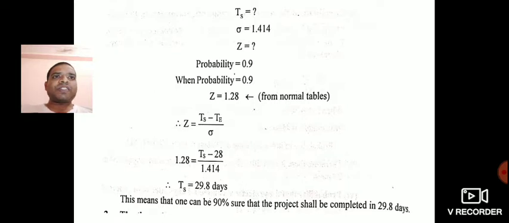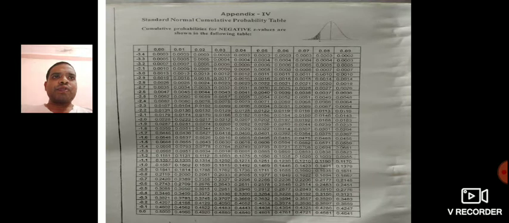Probability is 0.9 for the 90%. Now z equals, from the normal table, he has given 90%, 0.9.